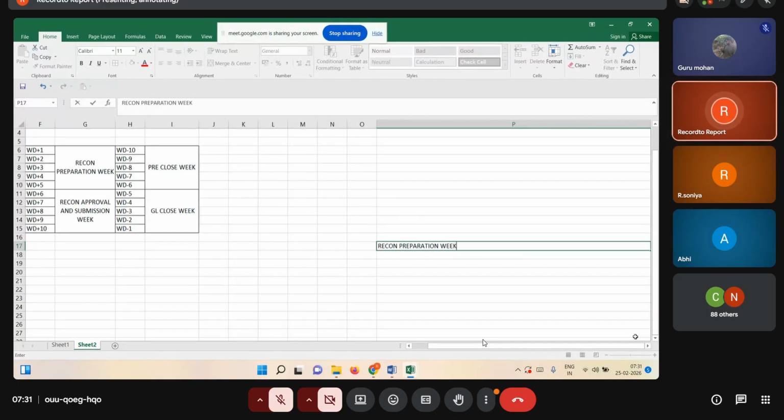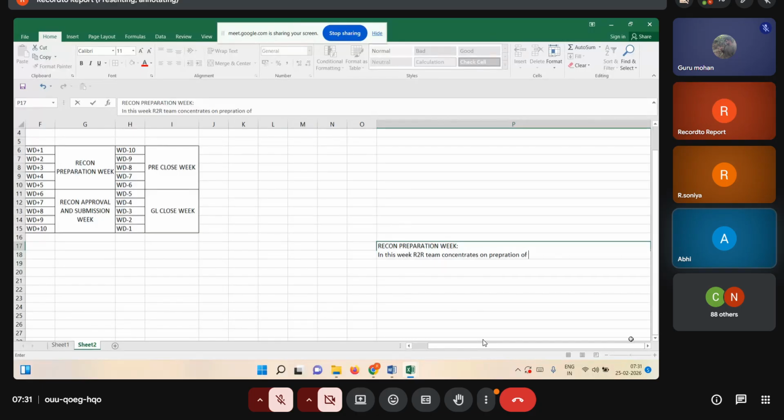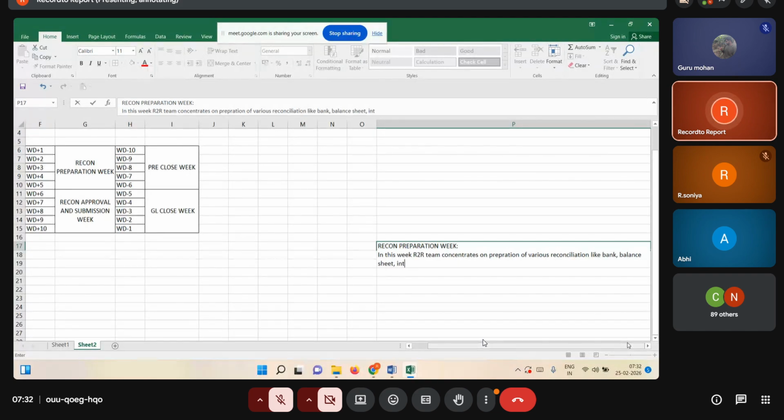In this week, the R2R team concentrates on preparation of various reconciliations like bank, balance sheet, intercompany, fixed assets, prepaid accounts, loan accounts, and other liability accounts.